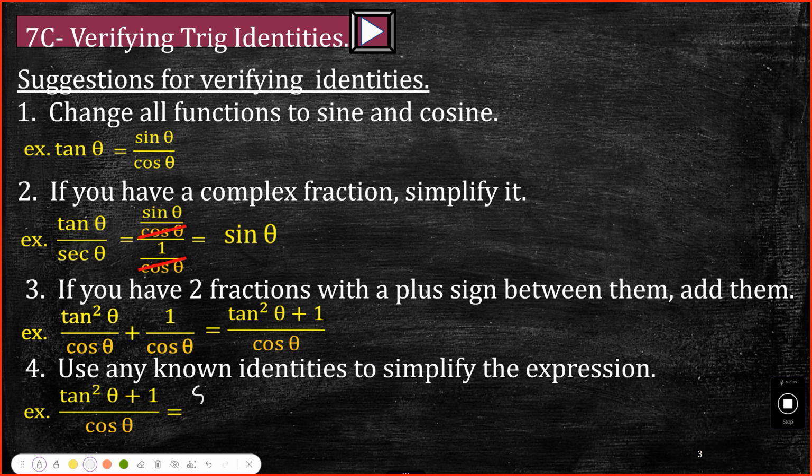And if this is secant squared theta over cosine theta, what else can we do here? See, secant theta is 1 over cosine theta? That's not even going to do anything else here. So 1 over cosine to the third theta? Let me see.